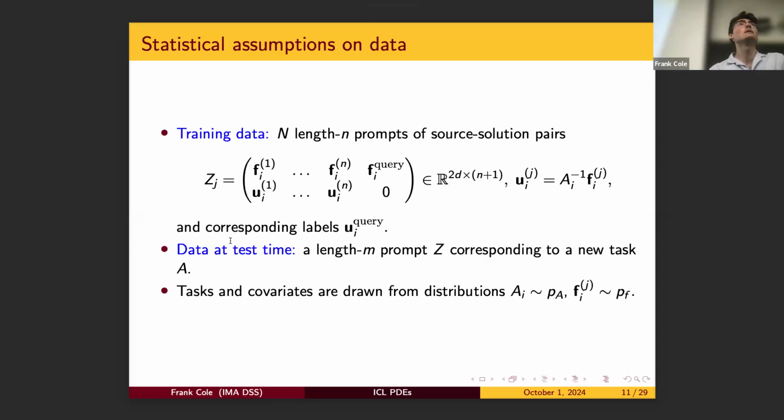The assumption that your A_i and F_i are subject to some distributions, that's the reason that you don't need to retrain them. No, I don't think that's the reason, because once you train, then you can fit in whatever prompt you want.